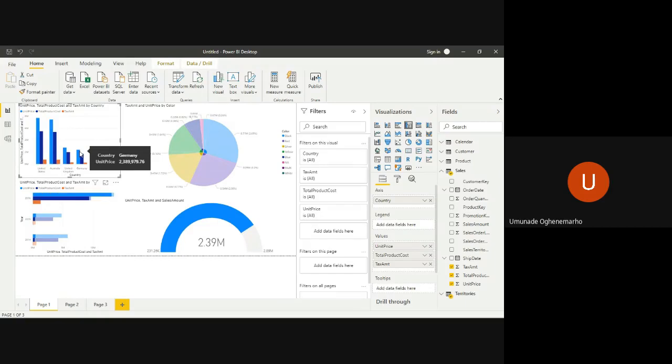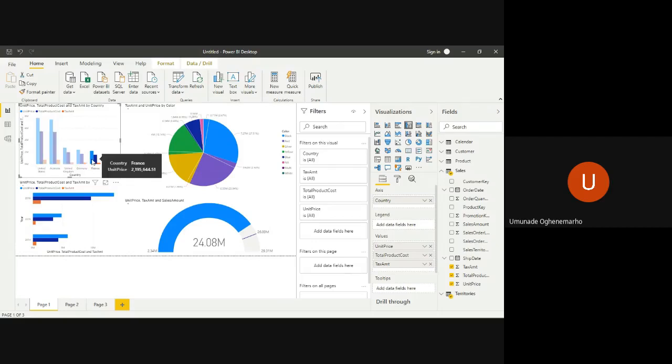Let's also remember something. When you select any data item on any visual, it automatically affects others across the board. Let's say I select France. The data for France gets affected everywhere. Everything highlighted will be France.